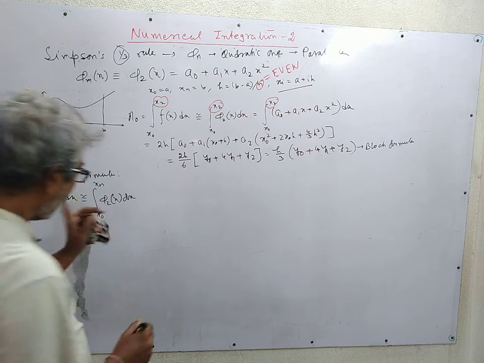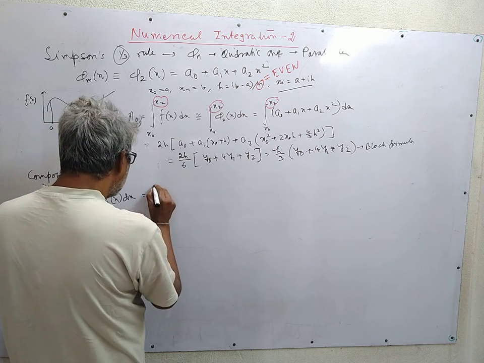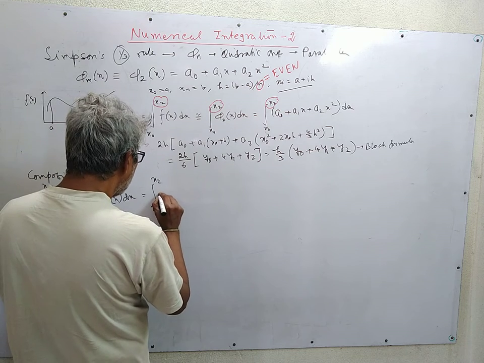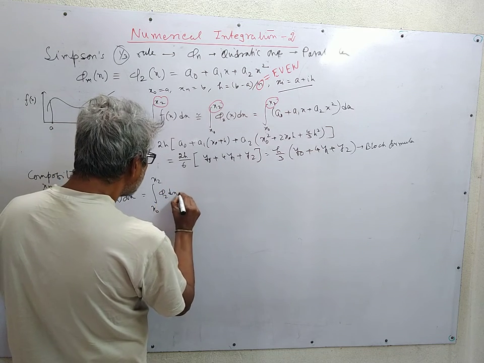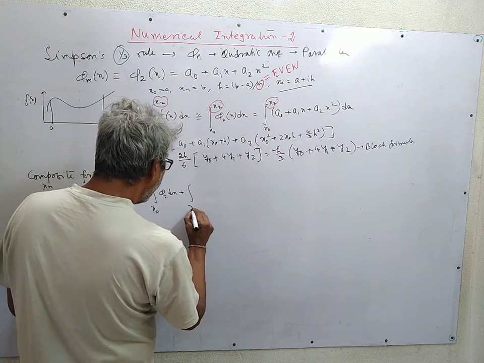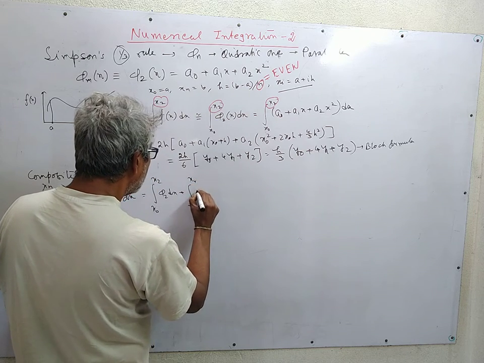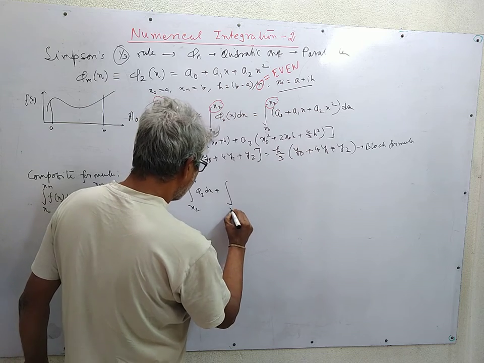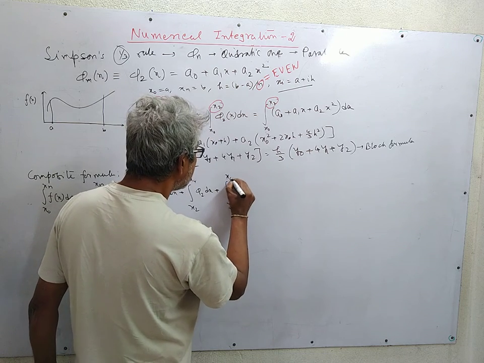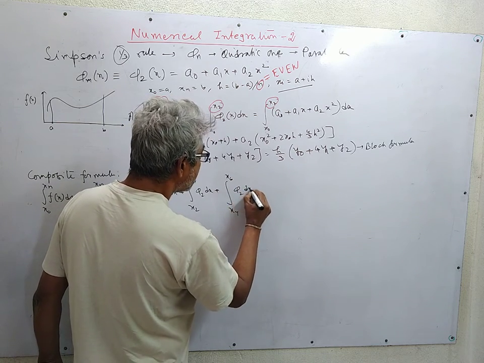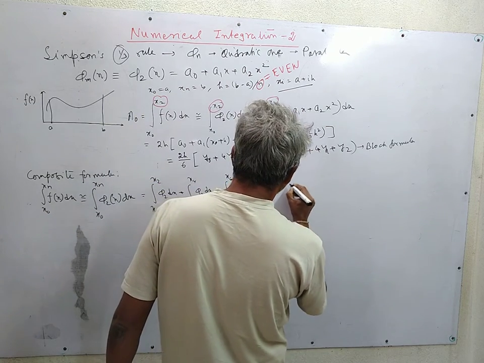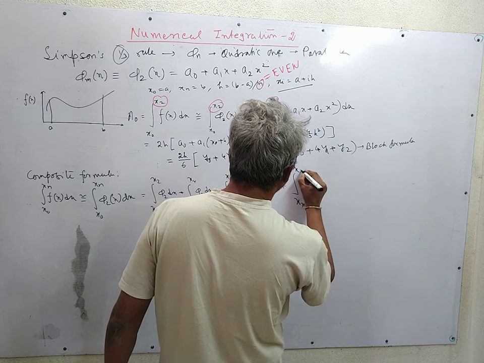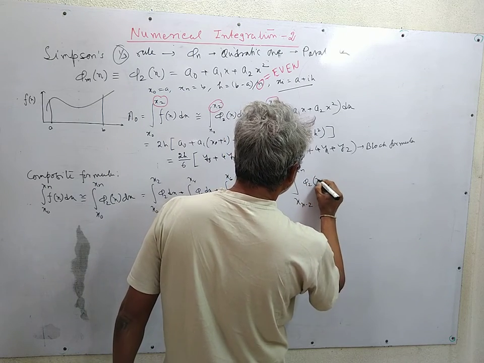That is, we write it as integration x0 to x2 phi 2 dx plus x2 to x4 phi 2 dx, then x4 to x6 phi 2 dx, then finally x(n minus 2) to xn phi 2 dx.